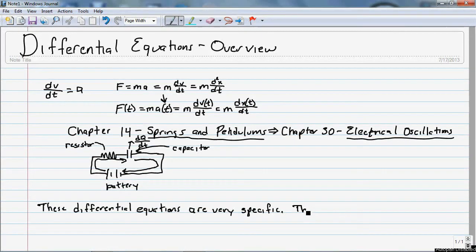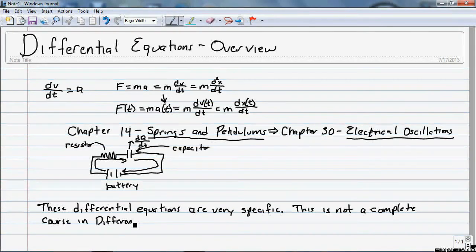This is not a complete course in DiffEQ. We're only going to look at the ones we need. We're not going to get into the more extreme forms of differential equations, only the ones that we need.